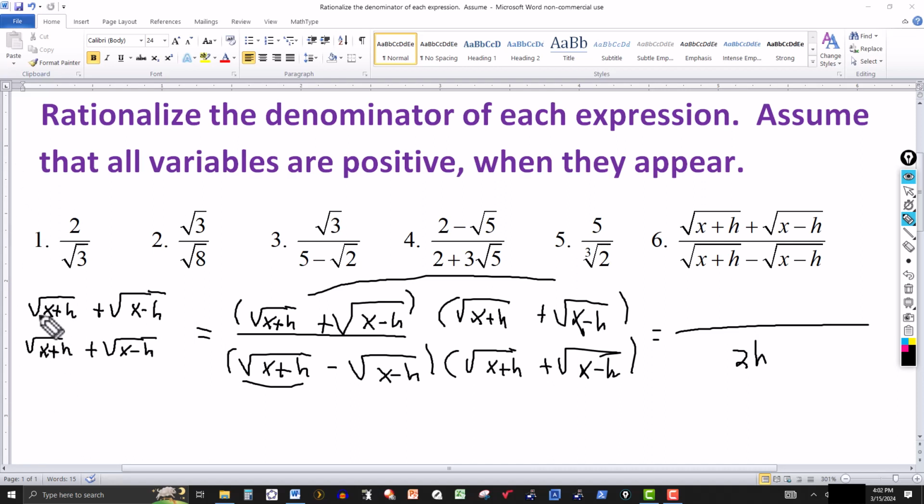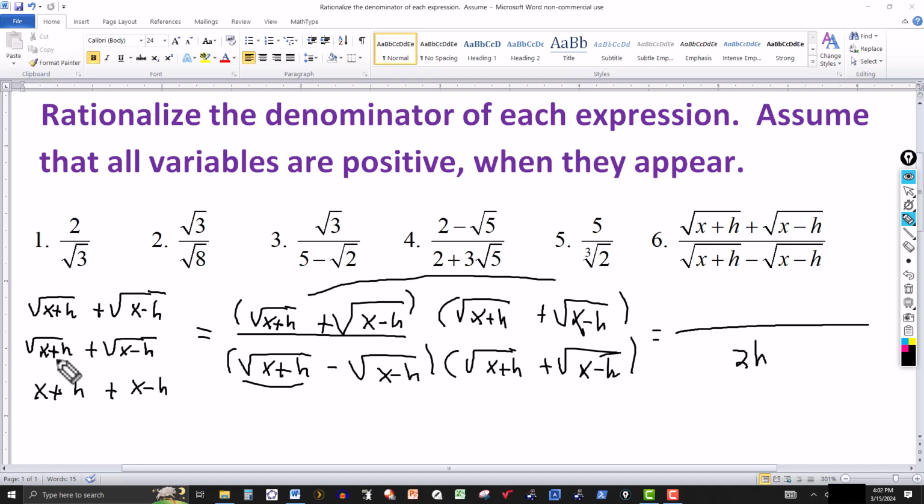This product right here, the square root of x plus h times the square root of x plus h, just gives me x plus h. These two multiply out to give me a plus. This one, multiplied in the square root, comes out to x minus h under the radical, and the square root just gives me x minus h. Now we cross multiply this way, and cross multiply this way.